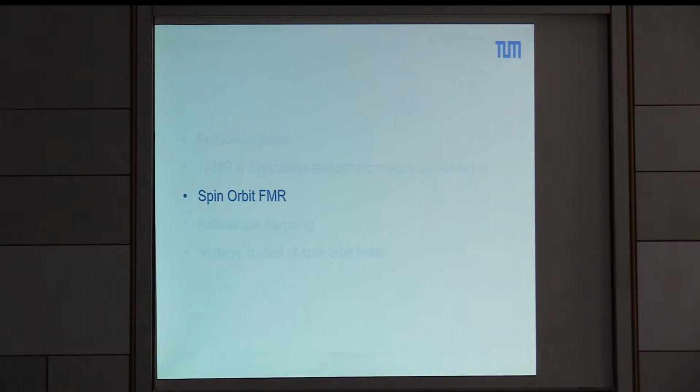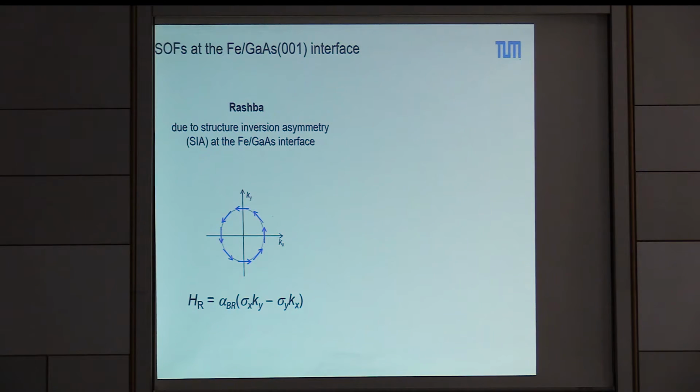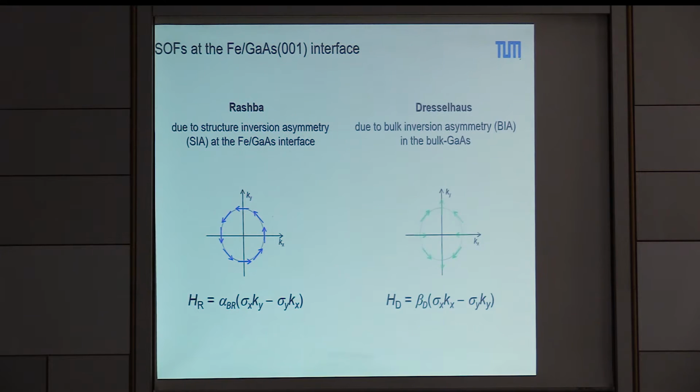All right, so now we set out to do spin-orbit FMR, and now we're running a current through such a device. So I plot this Rashba type field, and if nothing happens, if we don't send the current, there's also no spin accumulation. The same for the Dresselhaus type.